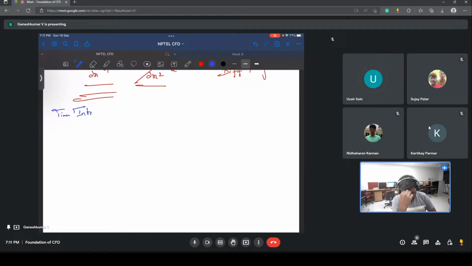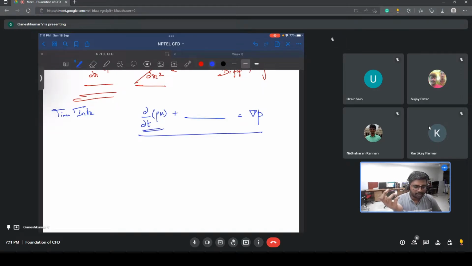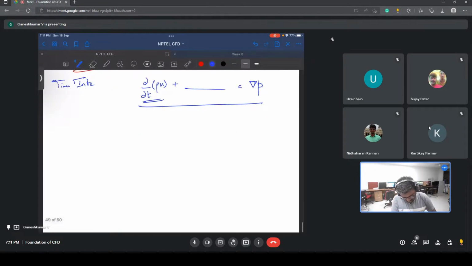In the time integration method, we always deal with unsteady flows, right? For example, the momentum equation will be like this, equal to some gradient of pressure, those things. So we always deal with this unsteady part in our equations. How do you approximate it? That's where time integration schemes come in.